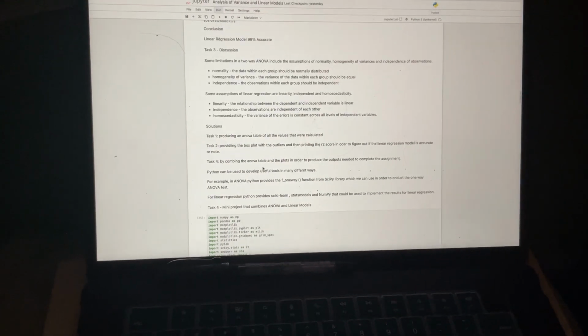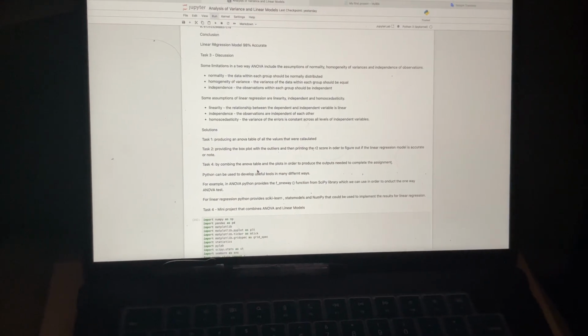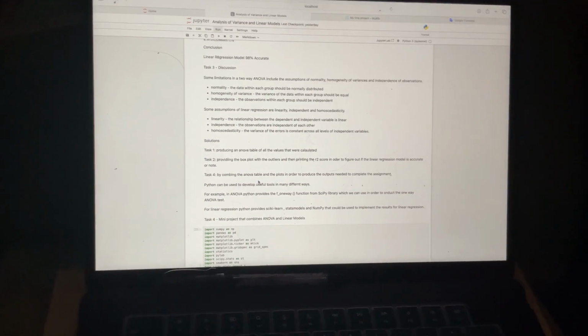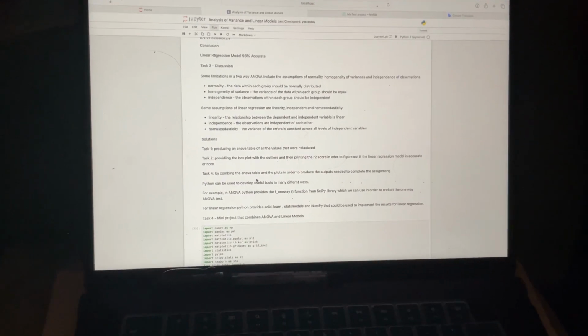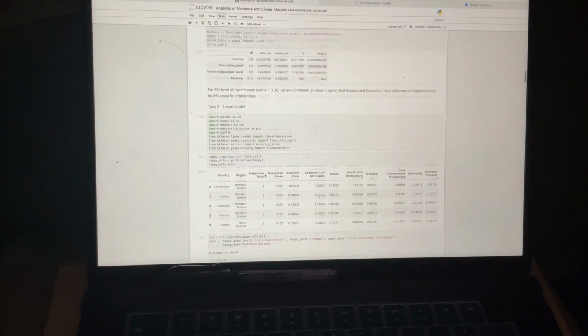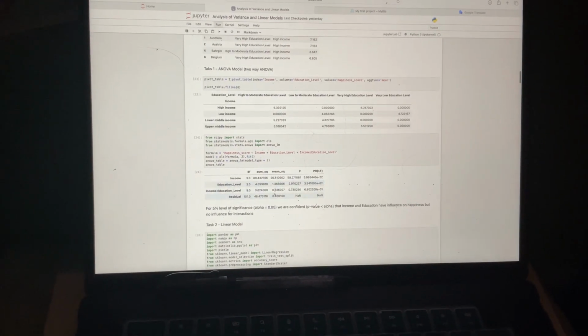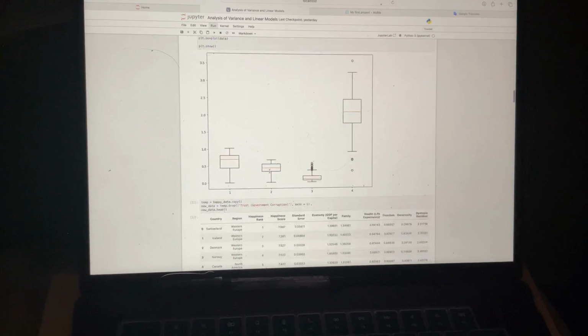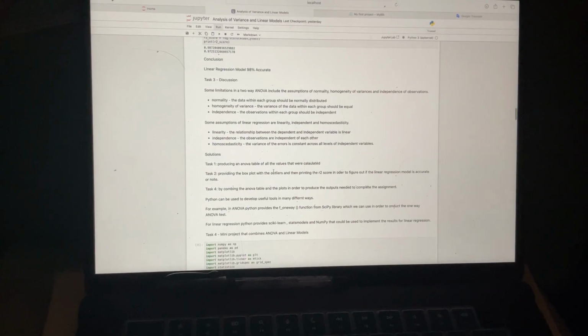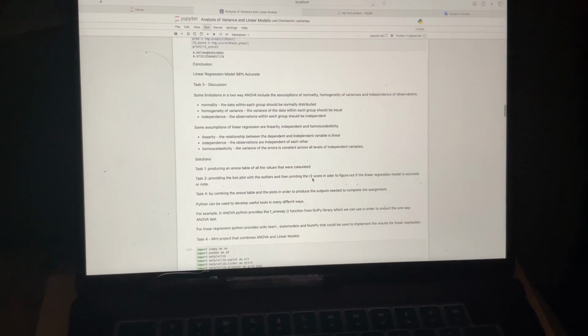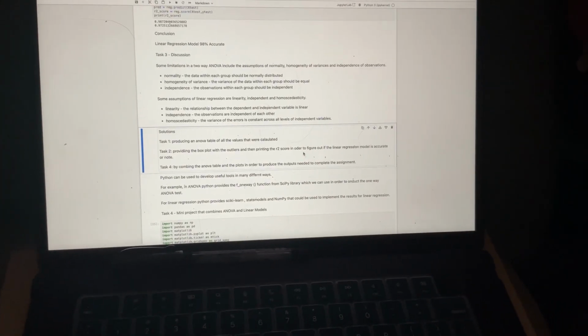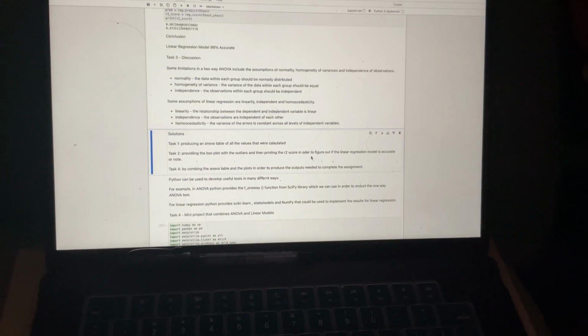So for the solutions, for the first task, I produced an ANOVA table for all the values that were calculated, as you saw before. I can show you that here. This table right here is the table I'm talking about. The second one was providing a box plot with outliers and the R2 value in order to figure out if the linear regression model is accurate or not.